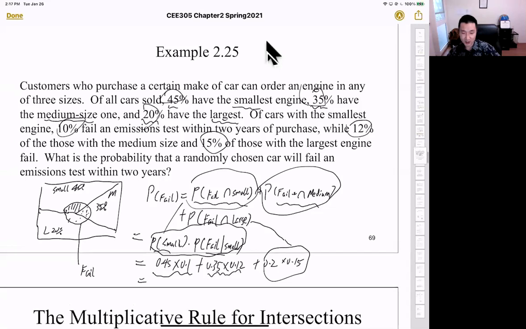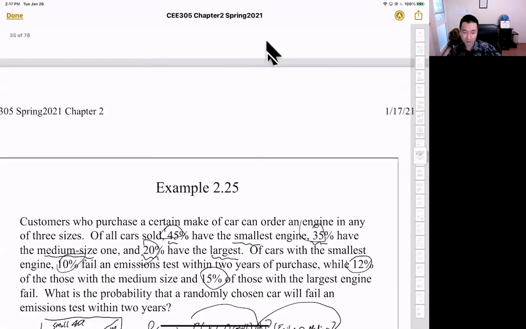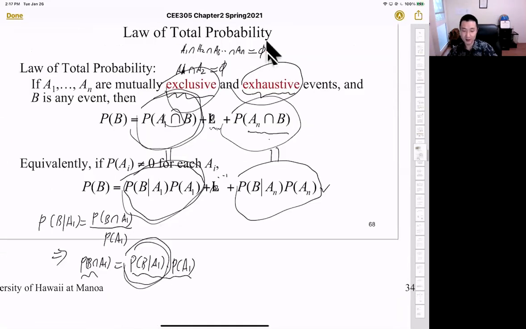Yeah, that is because for the equation, we have two formats. Okay, this part, P(A1 and B) is equal to P(B given A1) times P(A1). Okay, so whatever the question gives us, we can use whichever equation.